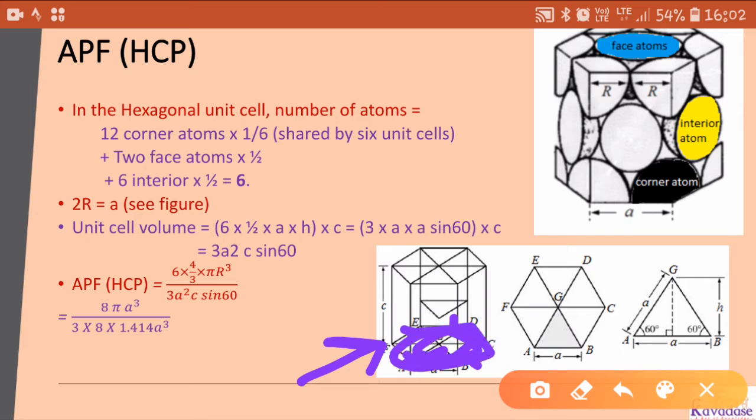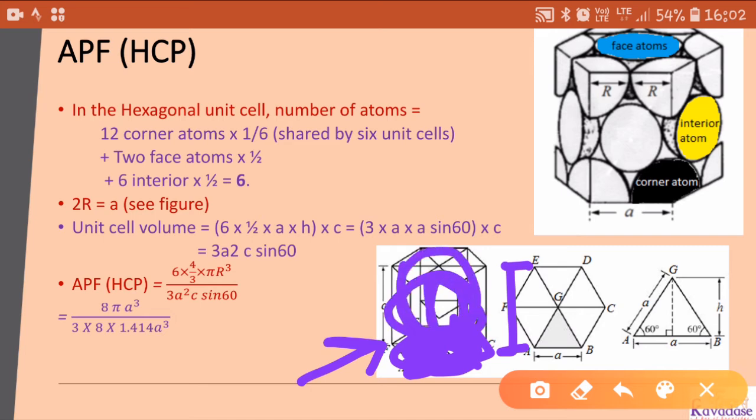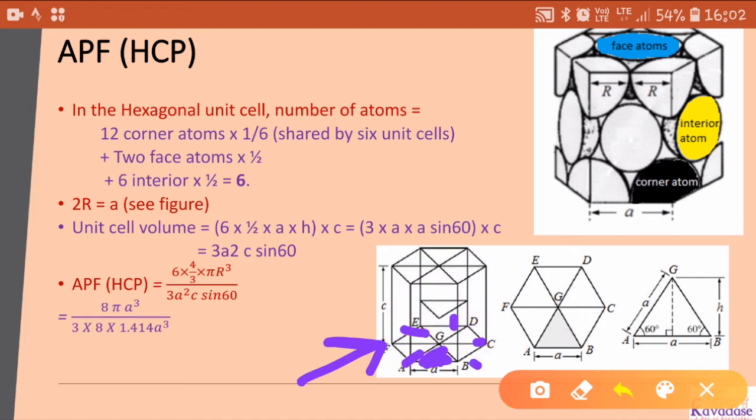And if I multiply that with the length C, then I will get the volume of this complete unit cell. So this is our methodology.